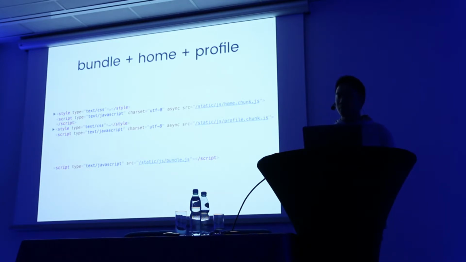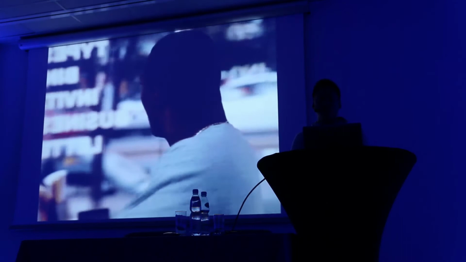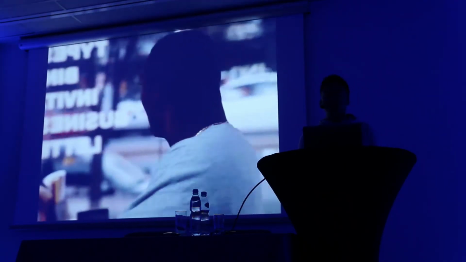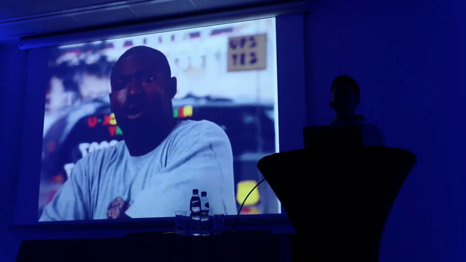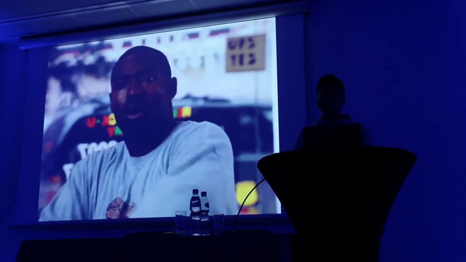It's because the script tag for the profile page, profile.chunk.js, has been dynamically added by the Webpack bundler. And this is really powerful. Webpack doesn't just allow you to split your code into multiple chunks, but it also loads these chunks dynamically based on user interactions. We as developers don't have to worry about appending script tags to the DOM.